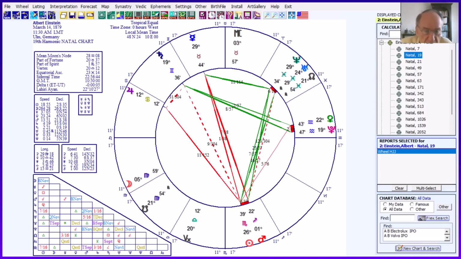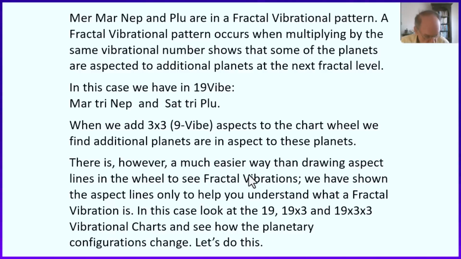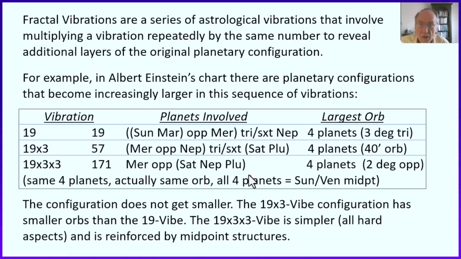Okay, let's get back to our PowerPoint, and we'll look at this fractal vibration in Einstein's chart. So what we see here, to summarize, this little table in the middle of this slide, the 19 times 3, the 19 times 3 times 3. In other words, this is the 19 vibe, the 57 vibe, and the 171 vibe.